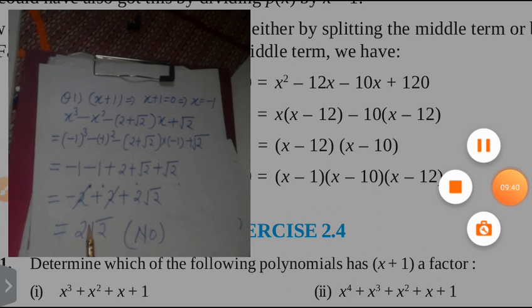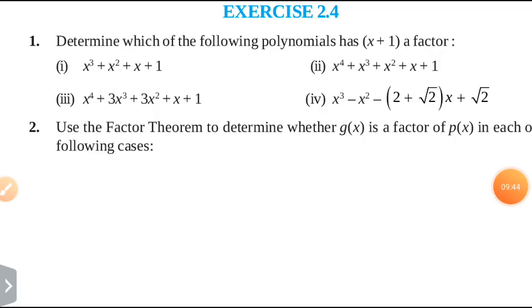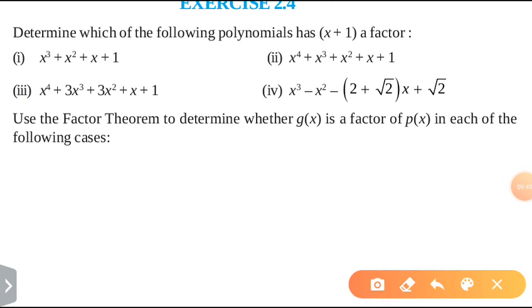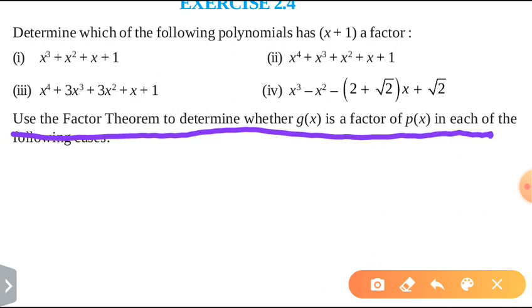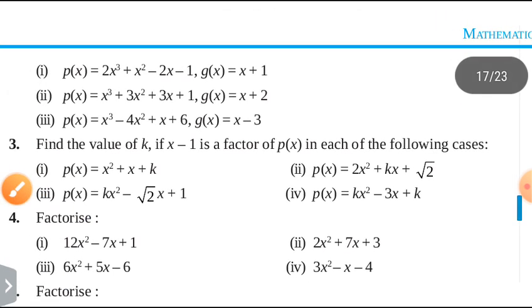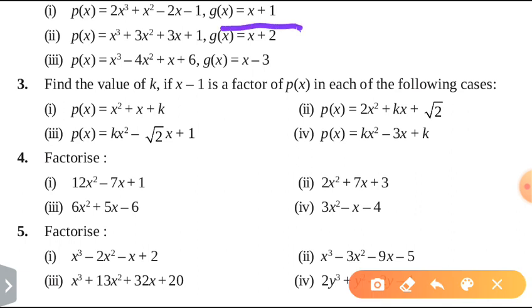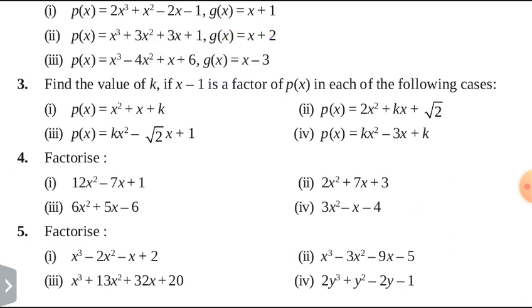Now move to the next question. The rest of the parts of question number 1 you will do yourself. Now I am going to read the next question. Use the factor theorem to determine whether gx is the factor of px in each of the following or not. So see that in this question you have to find out, these are the gx and this is the px. Is gx the factor of px or not? Again the same process as you have followed in the first part, you will do the same.